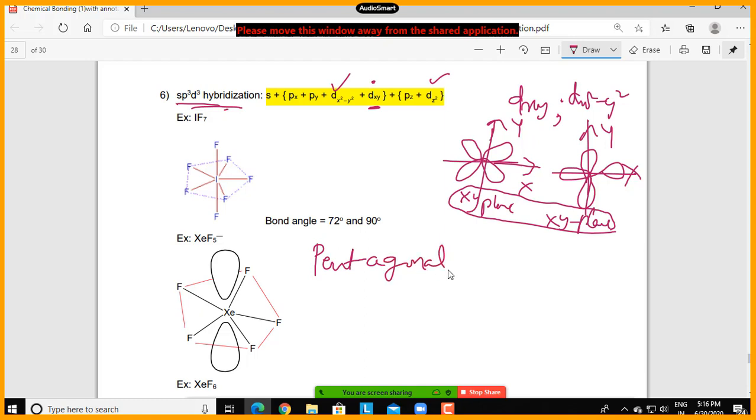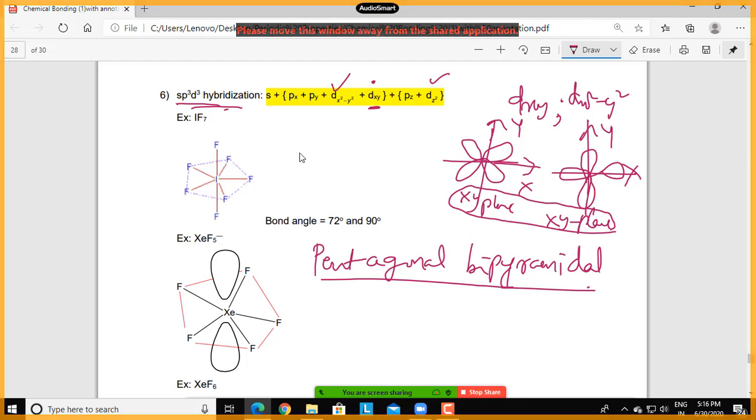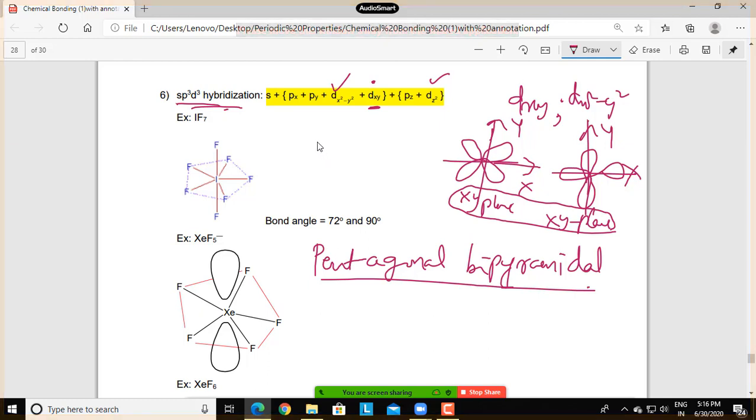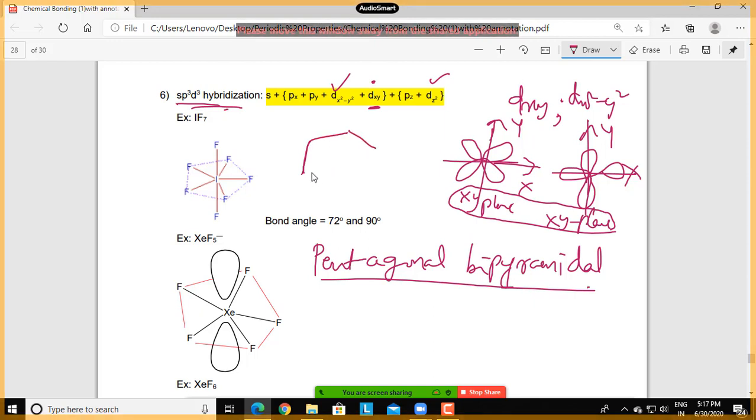Pentagonal bipyramidal. So pentagonal bipyramidal means a pentagon in a plane and a pyramid above it, below it. Suppose we take a pentagon. You know pentagon. 1, 2, 3, 4, 5.